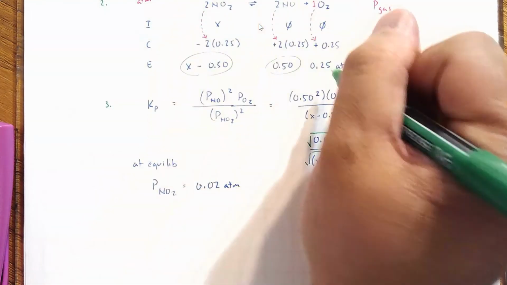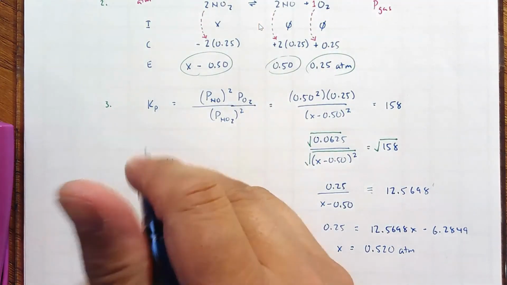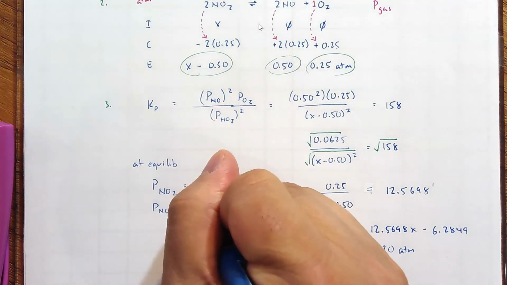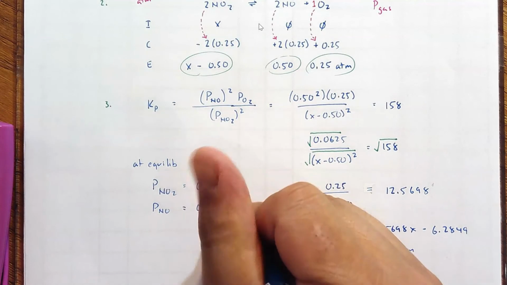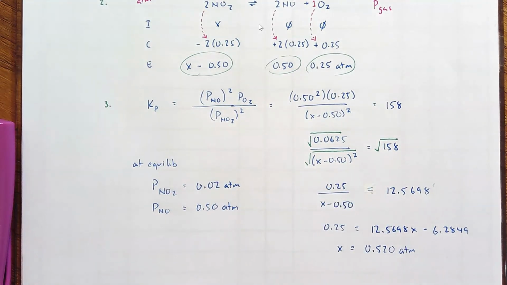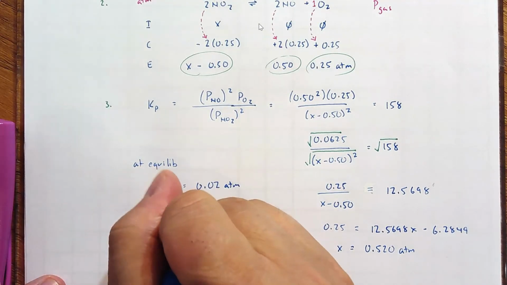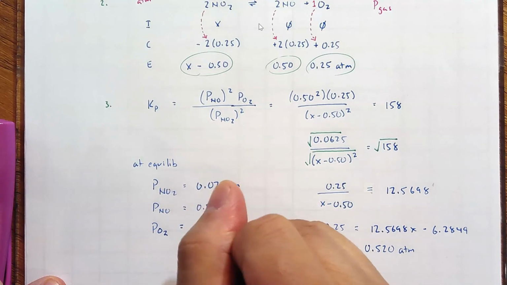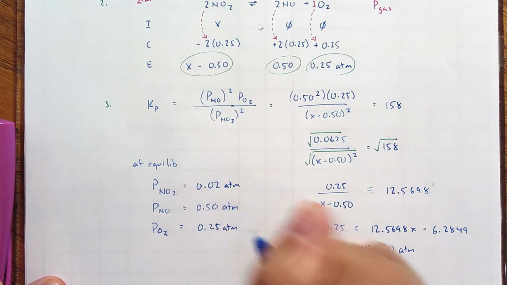And we have our numbers right here already. For the NO, the partial pressure equals 0.50 atm. And for the O2, the partial pressure equals 0.25 atm.